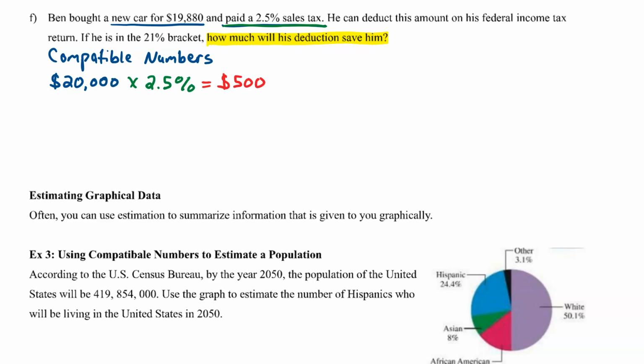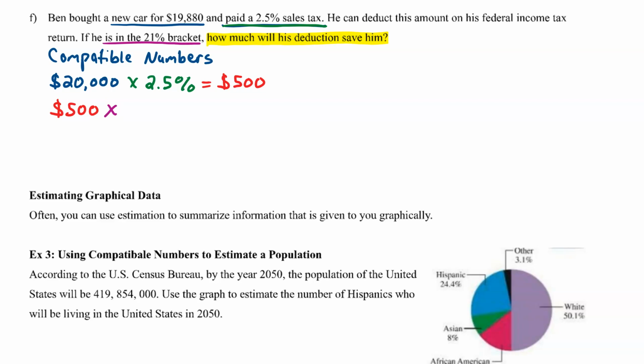And so now we want to look at the fact that he can deduct this on his income tax. He's in the 21% bracket. So if we're trying to figure out how much this will save him, we have to take the amount he paid in sales tax and multiply it by the percentage of that bracket. So we can, again, use compatible numbers.